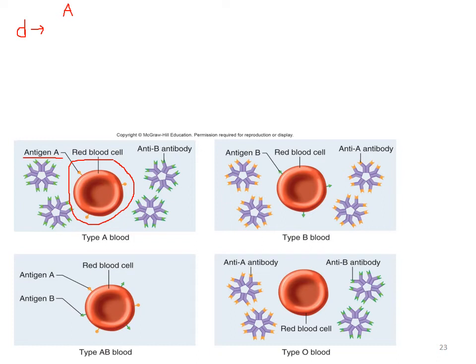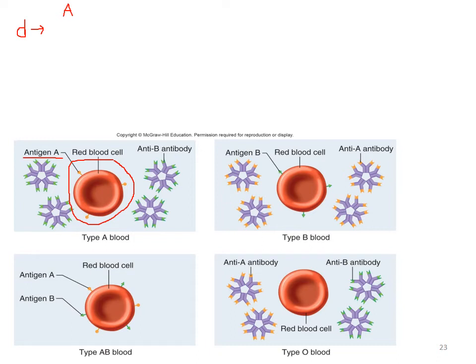So I cannot put this blood into anybody's body that has the anti-A antibody. In donating, you think about your blood, your antigen, and the other person's antibody, and they can't mix.